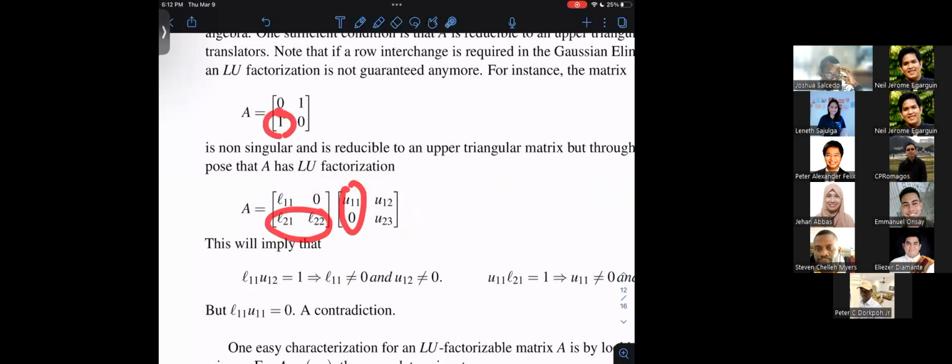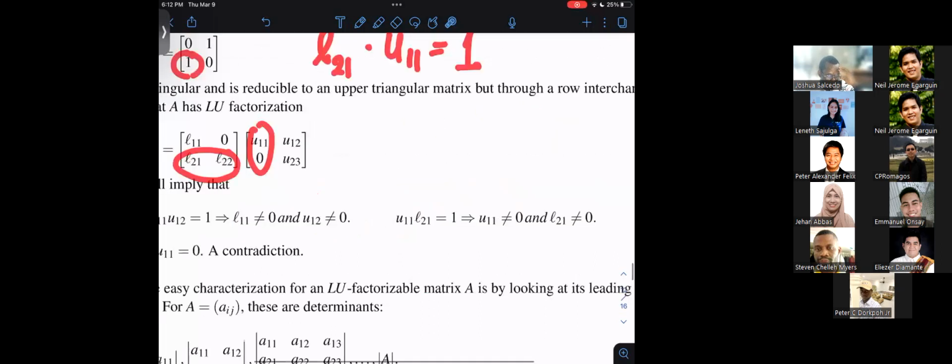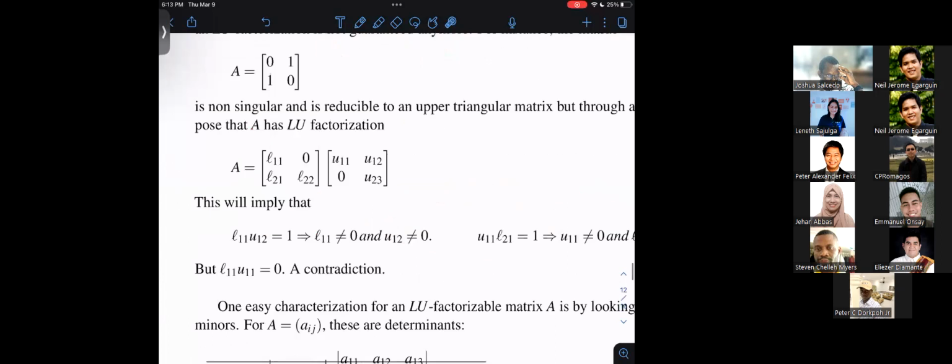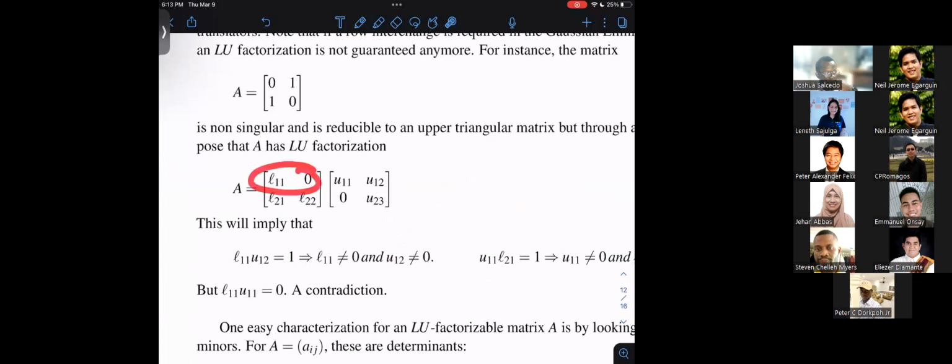So I'm going to have L21 times U11 equal to 1. And again, I get a non-zero product, so neither L21 nor U11 is equal to 0. Hence this conclusion.